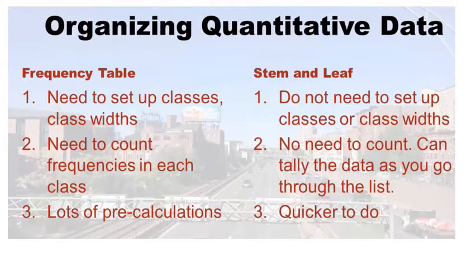But the thing about frequency tables is that there are a lot of pre-calculations. You've got to do some work there, some math, some calculating. Even though it's not that much, you do have to put in some work. Now with the stem and leaf, as you saw, you do not need to set up any classes or class widths. You don't need to count anything, tally up data, or put anything into any specific order. Your stem and leaf is pretty quick and easy to do.